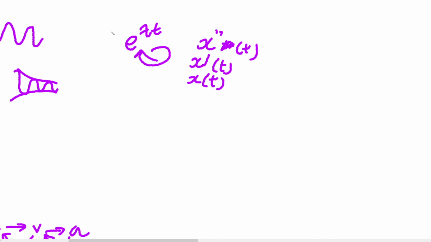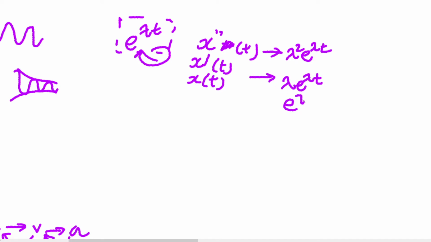And when you are dealing with something in the form of e to the lambda t, these will all be some multiple of e to the lambda t, as the chain rule implies when you differentiate it a certain number of times.